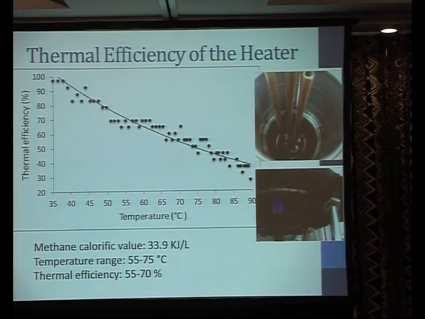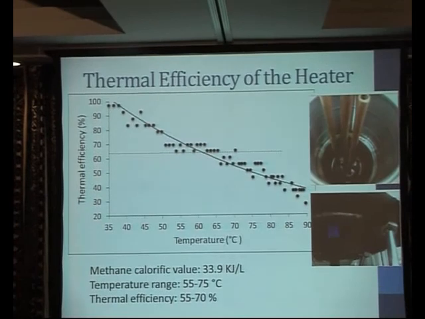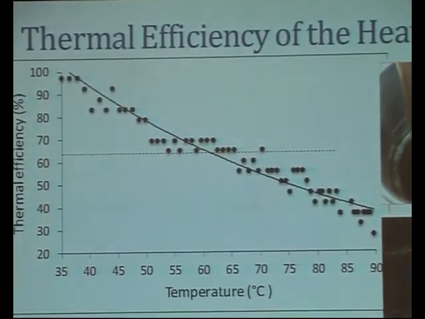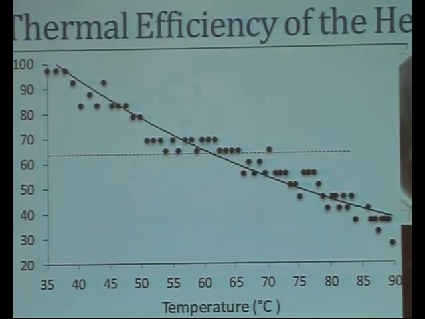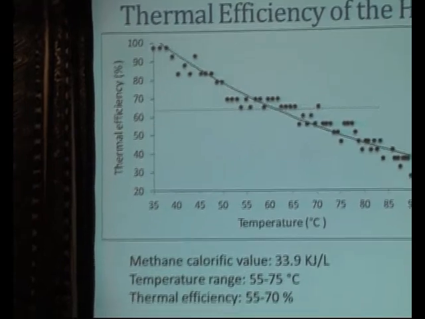And what you can see is that at lower temperature, of course, it is more efficient, and it decreases with the increase of temperature. The red line here is what is rated Energy Star in the US, and for that, you can have government subsidies for your appliances. So we're doing pretty good here for a version 1 prototype. And as I said earlier, there's room for improvements.